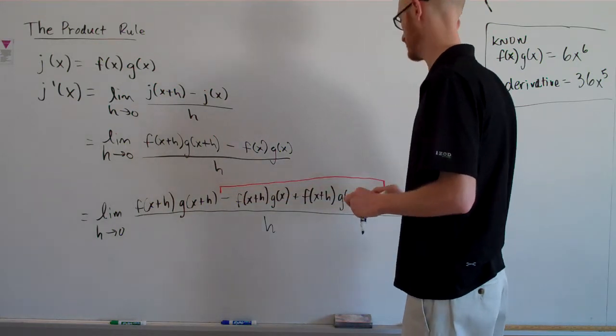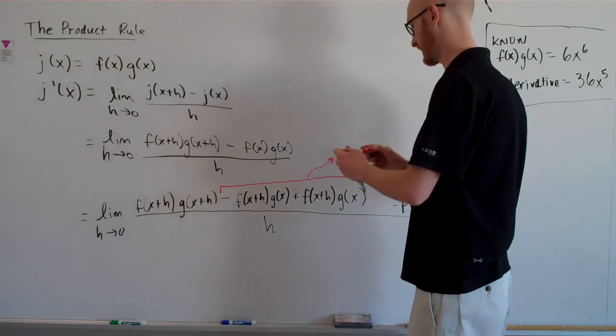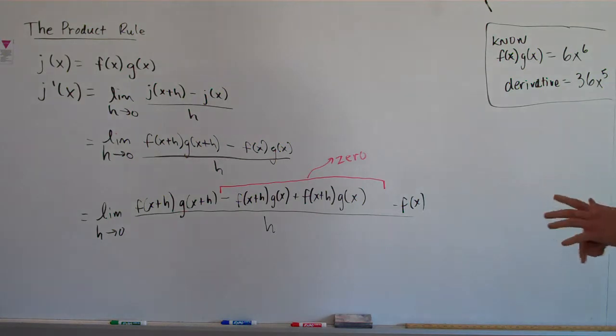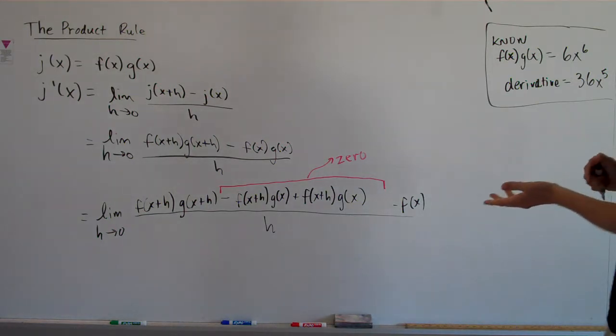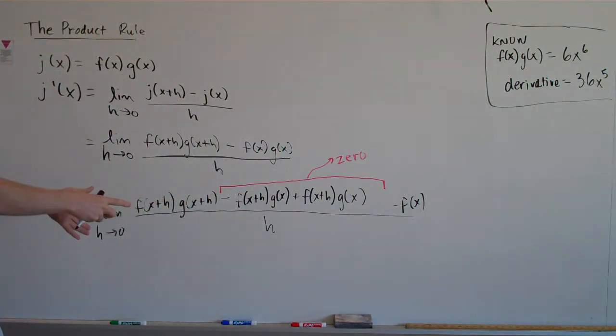If I kind of box them out, these two terms are 0. So I haven't actually impacted the expression that we're working with, just have rewritten it in what we'll see is a more user-friendly way. Now, if you see here, we've got two separate groupings that we can deal with.